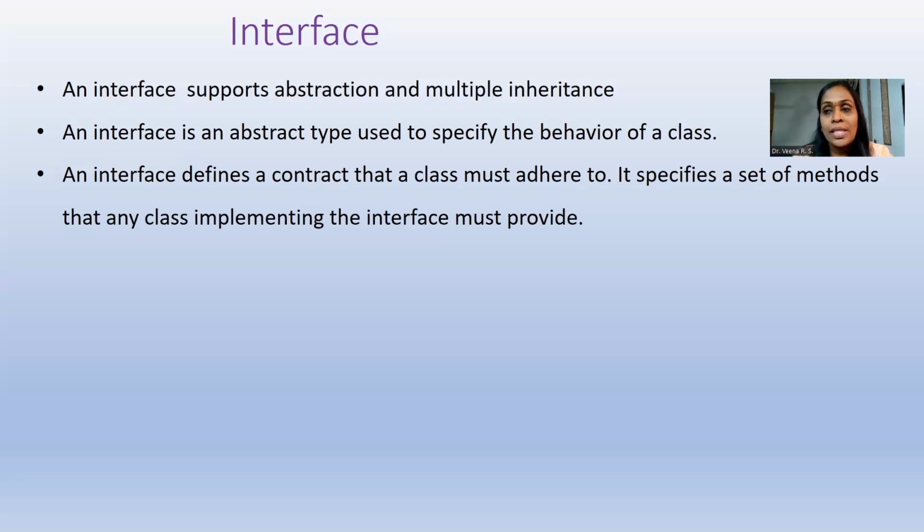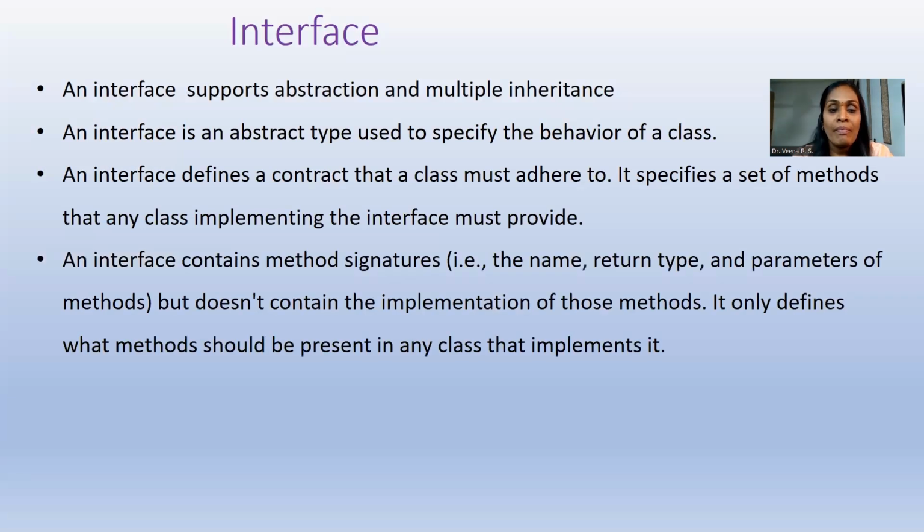The actual, individual description of the behavior of a class will be given in the class only. But it should be declared in an interface, which says these are the high-level methods that should be implemented, and they should be defined in the respective classes.